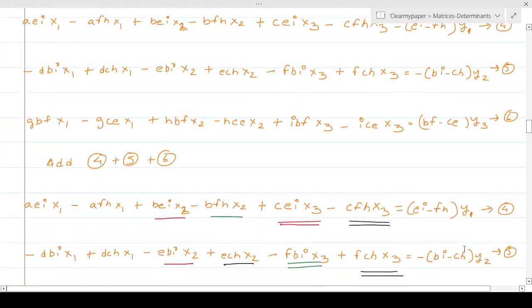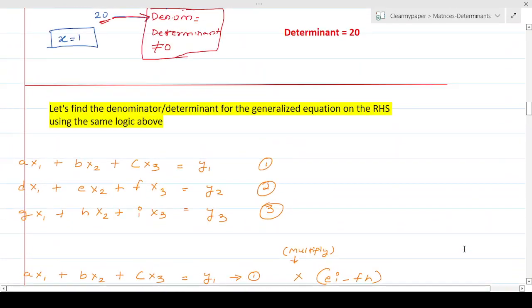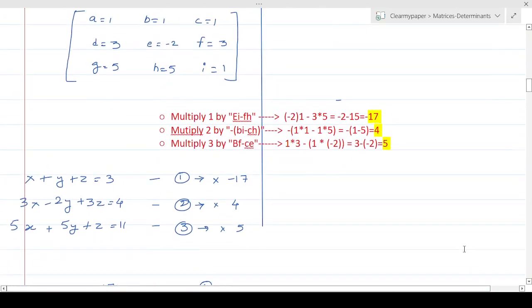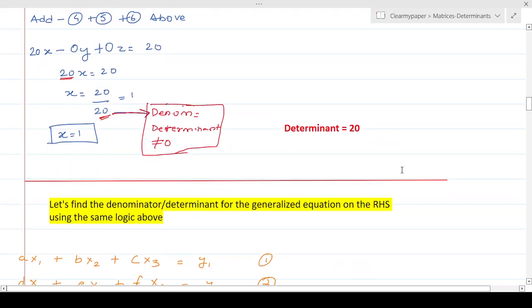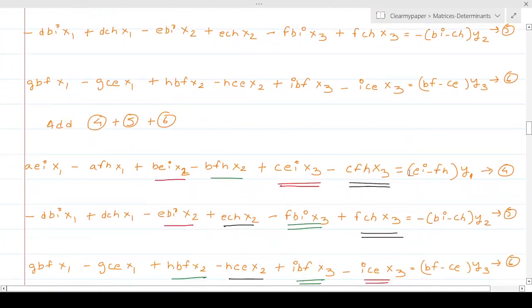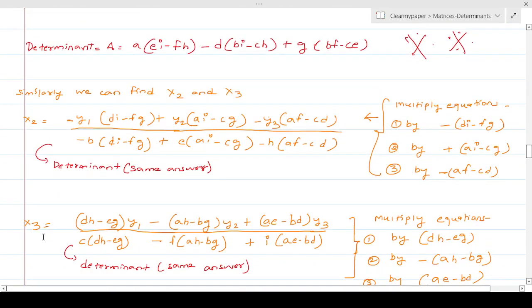If you have checked out my last video, we did a lot of lengthy algebra where we multiplied with a combination of variables to find the values of x, y, and z, and we came to this conclusion over here of how the x1, x2, and x3 values are determined, and whatever is in the denominator is the determinant, and the determinant is the same regardless of how it appears in terms of variables.